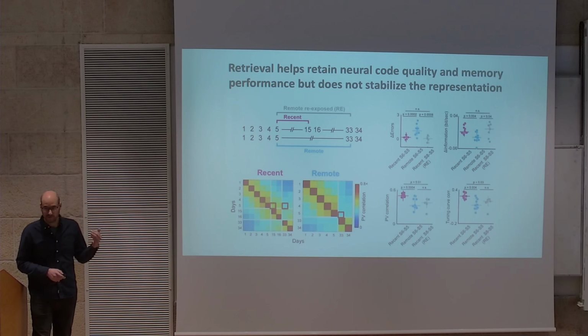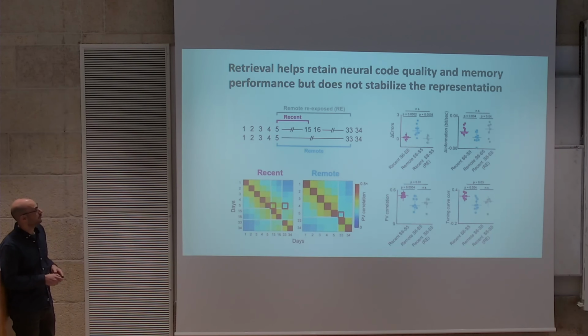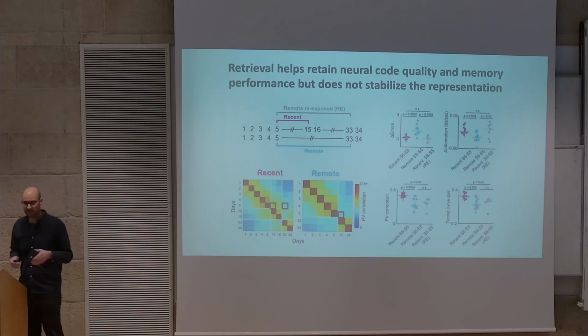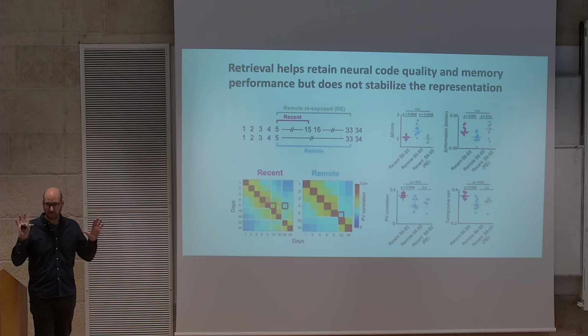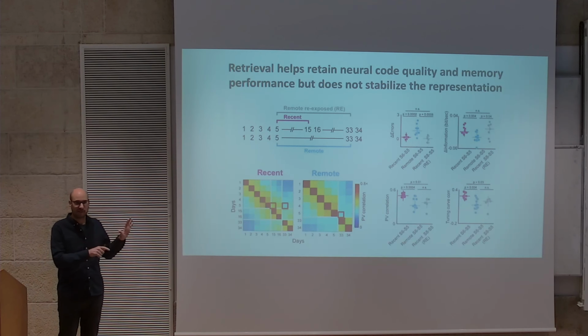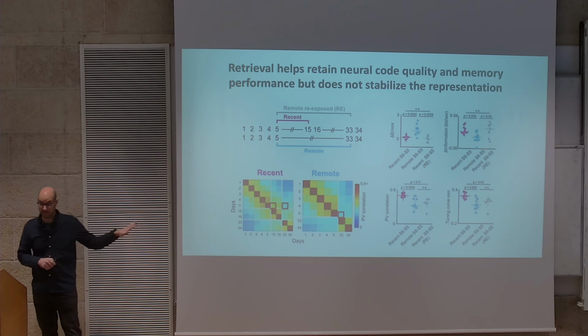So whereas recent memory retrieval helped retain neural code quality, the amount of information, and memory performance, it did not stabilize the representation. Okay, so there is a dissociation here. Code quality and memory performance go hand in hand, but code stability doesn't during remote memory.